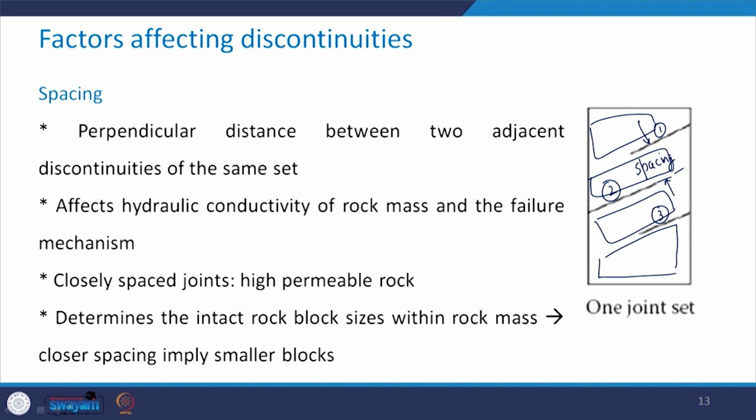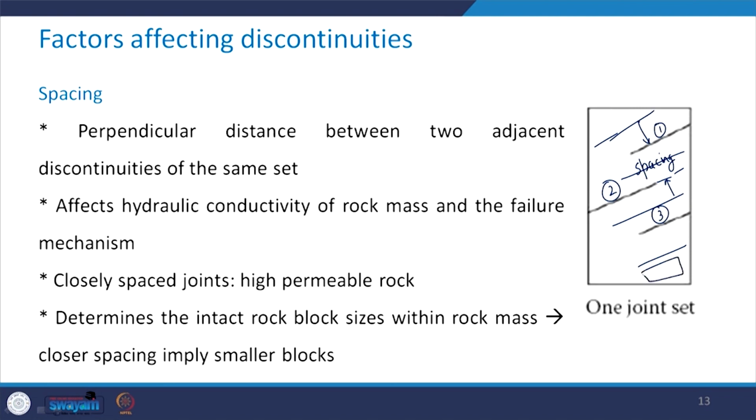Now, say I introduce a few more joints, then what will happen? Let us say I introduce one more here, one more here, one more here, and like this. You have a few more joints. Now what will happen? The block size, you see that now it is this.